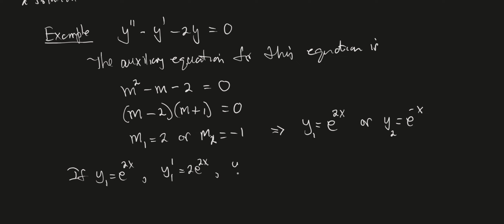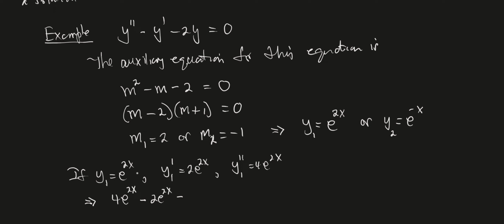We have 4e to the 2x minus 2e to the 2x, my first derivative, and then minus 2 times my original function, so minus 2e to the 2x.